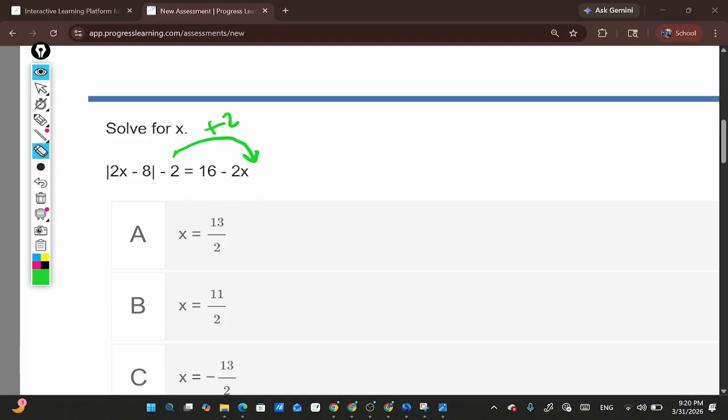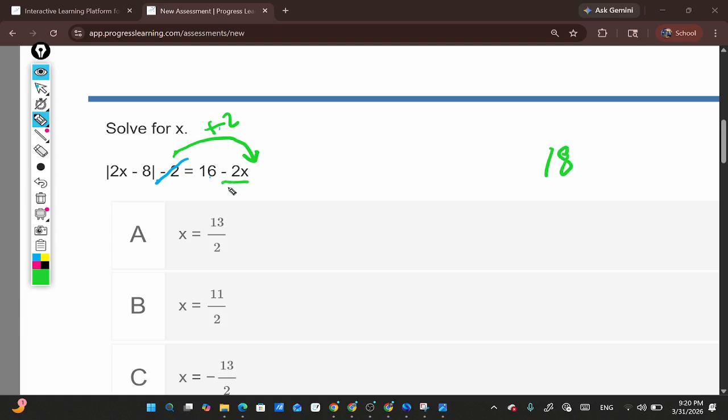So in this case, when I add 2 to this side, I will cancel the 2 here. And at the same time, I have 16, I add it to the 2, so I will end up with 18 on the right side.